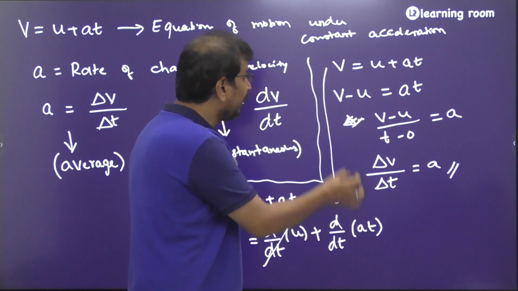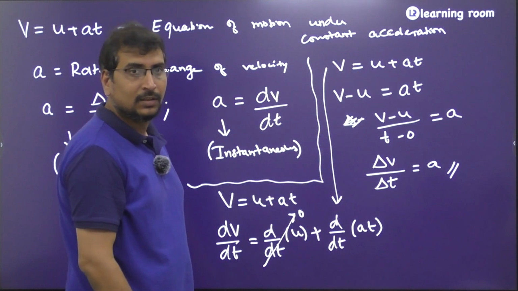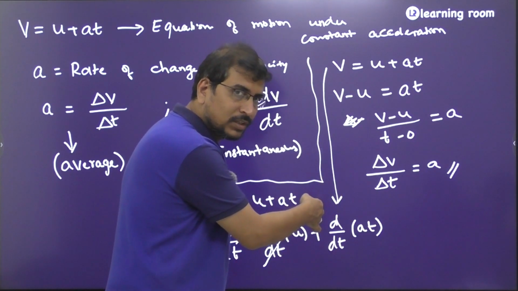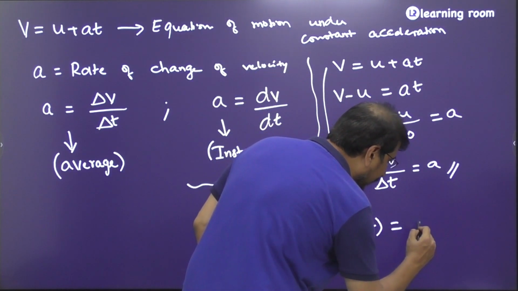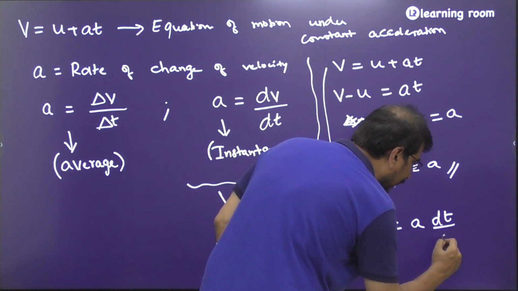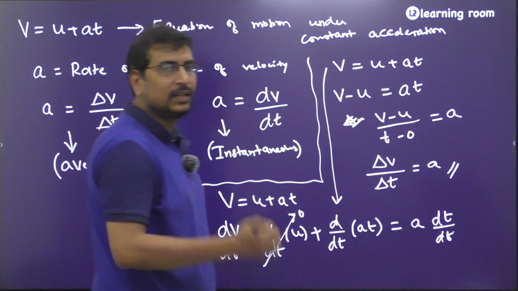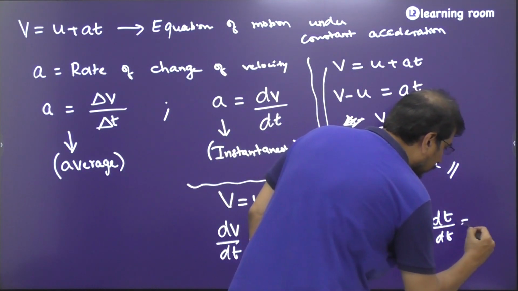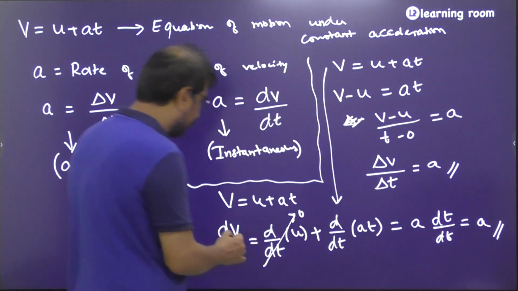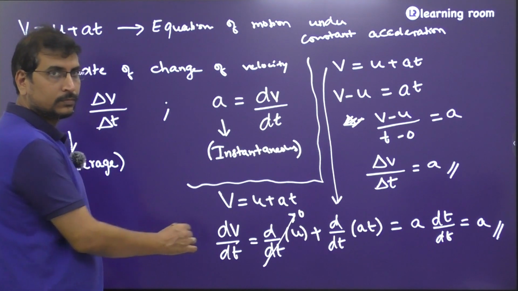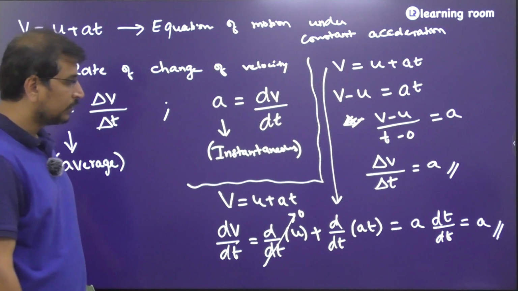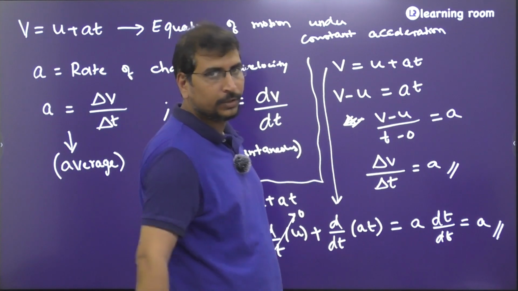This formula is derived when the acceleration is constant. When a constant is multiplied with a variable, you can bring the constant outside. So this will be a into derivative of t with respect to t. Derivative of t with respect to time is 1. But what is a? You're able to understand. In this case, you found the instantaneous value.